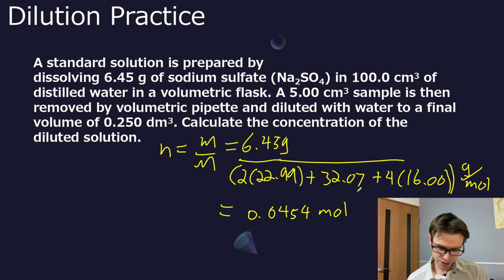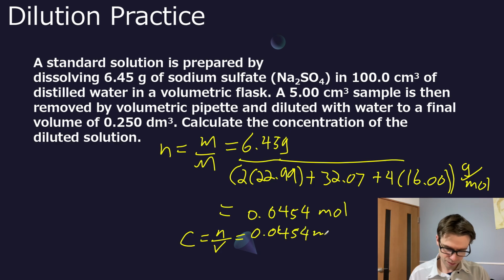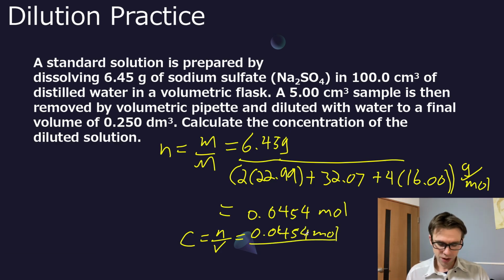All right. Now, what's the concentration going to be? n over V. Always n over V. So that number of moles that we just calculated divided by the volume of the first container. I'm still looking mainly at the first line of this question.